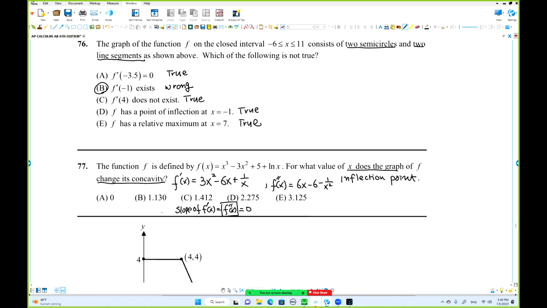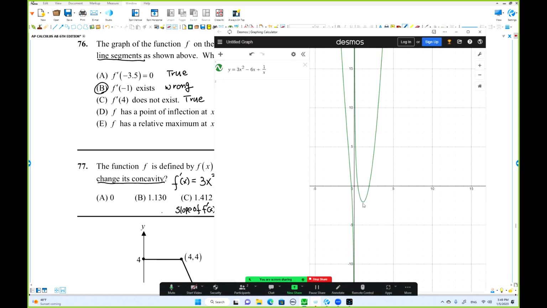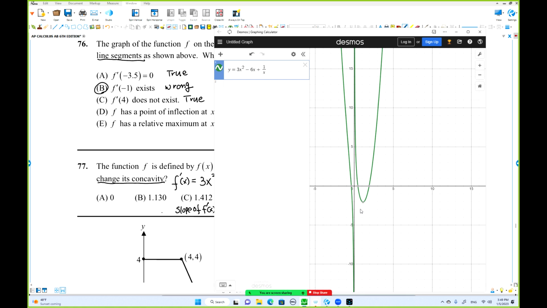Where is the tangent line slope 0? Here, right? The lowest point, about 1.13. So here the tangent line slope is 0. Are you okay with this? Yeah. Alright? This is the derivative. At this point it has an inflection point. Okay?